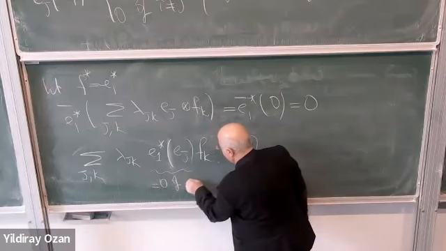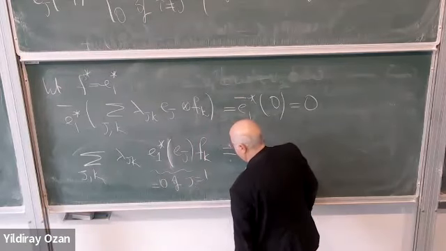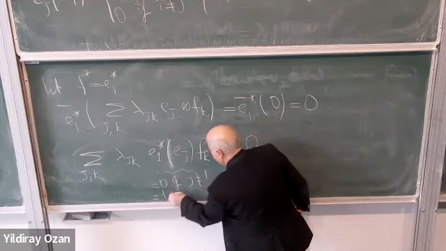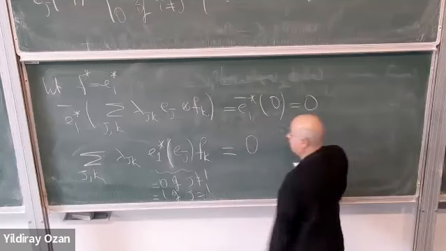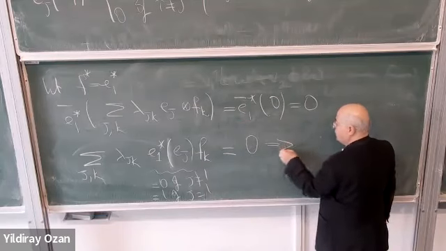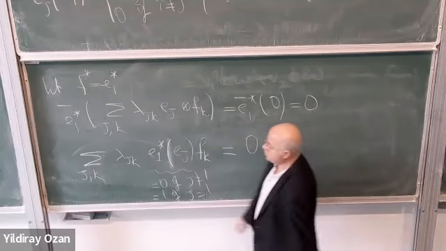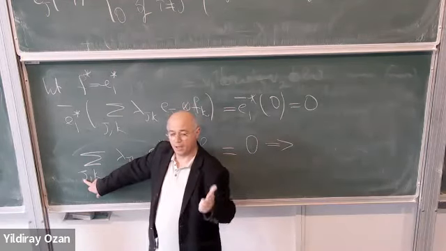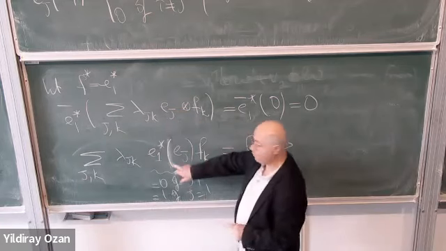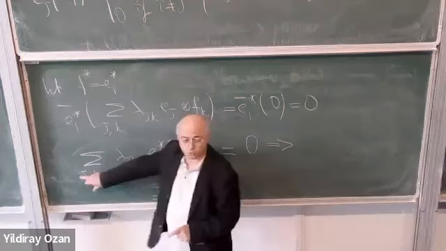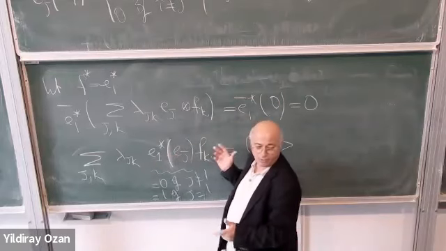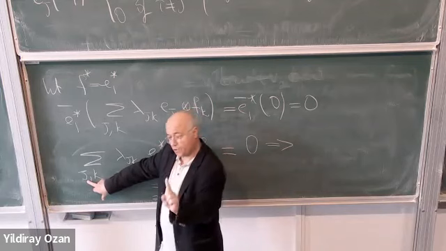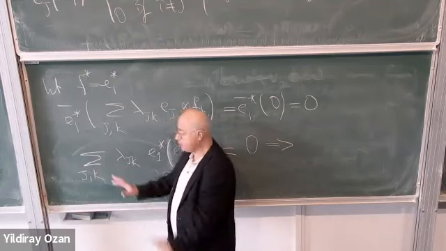So here J starts from 1 and goes up to n. For J equals 1, this will be 1. For J equals 2, it will be 0, so there will be no term here. This makes sense only for J equals 1. The other terms are 0.